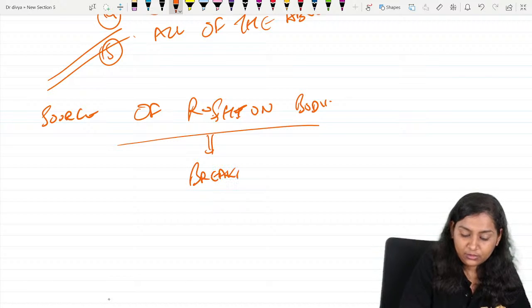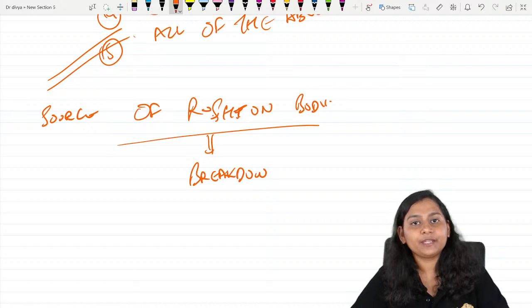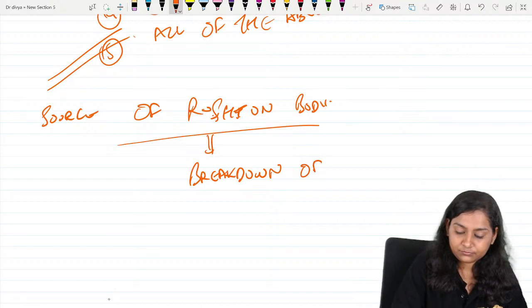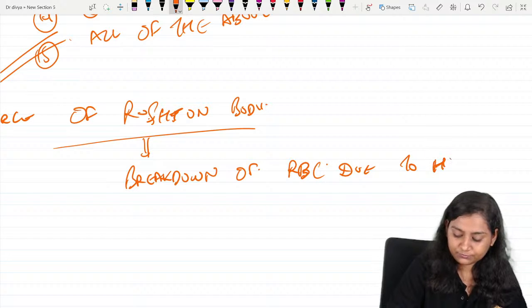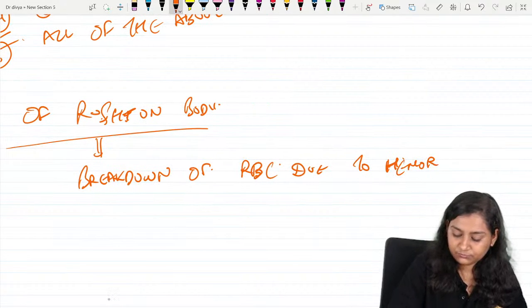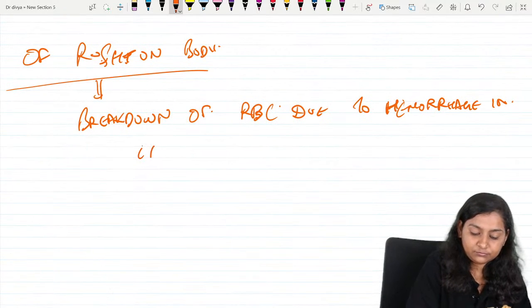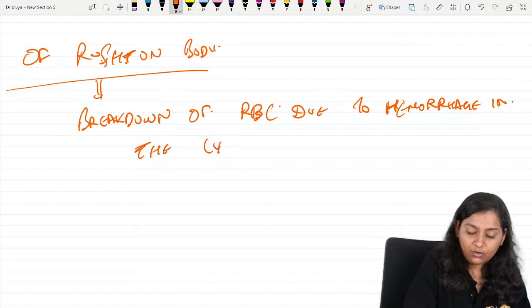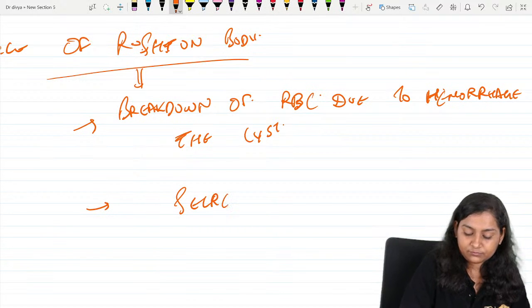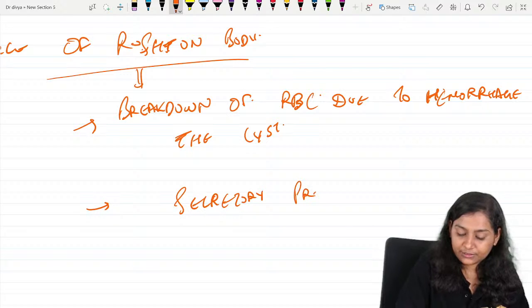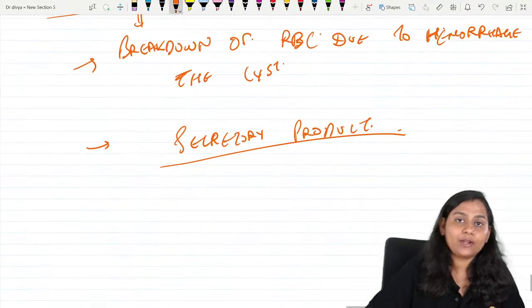There is a breakdown of RBC because of the hemorrhage in the cyst, or they are seen as a secretory product. Now, these Rushton bodies give a Rowley phenomenon.